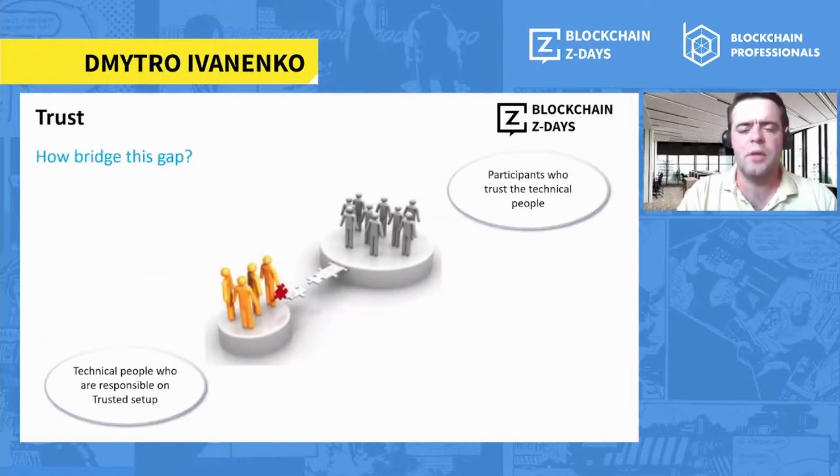At this moment you have an important question. If you have a trusted setup, where you and the trusted setup generate your private parameters, you must answer this question: who is responsible for generating the initial data, the toxic waste?